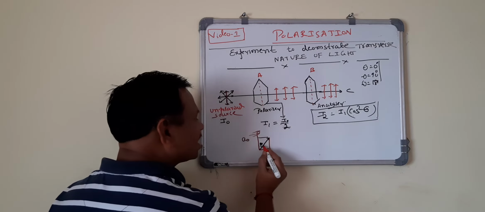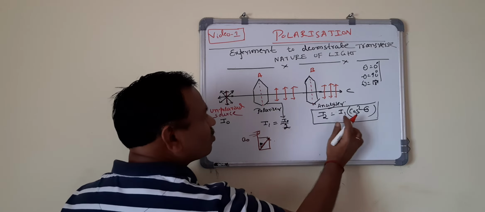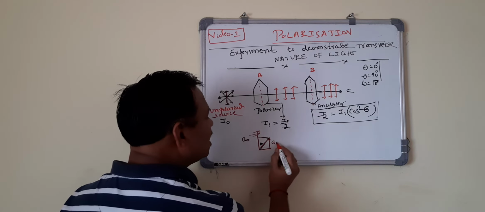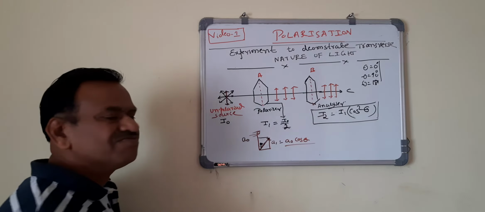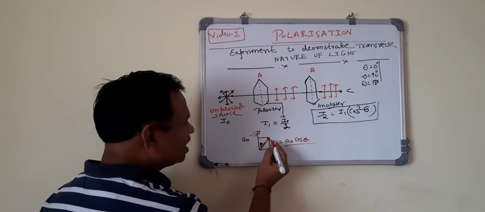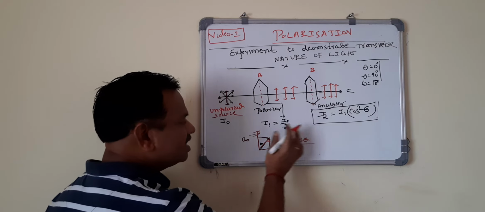The component of this along this direction is A1 equal to A0 into cos theta. The alternate angle here is equal, and this angle is 90 minus theta.